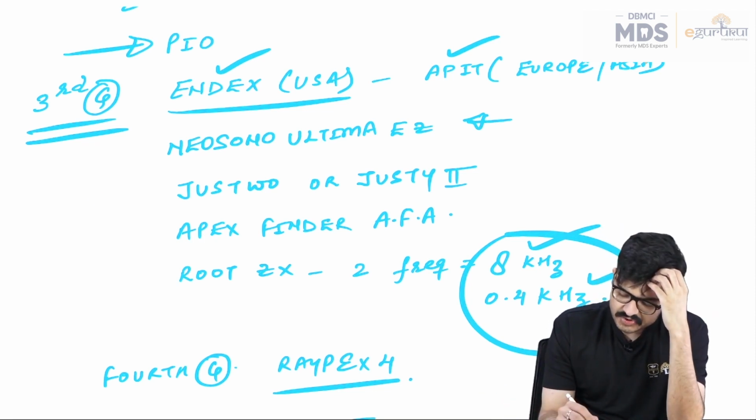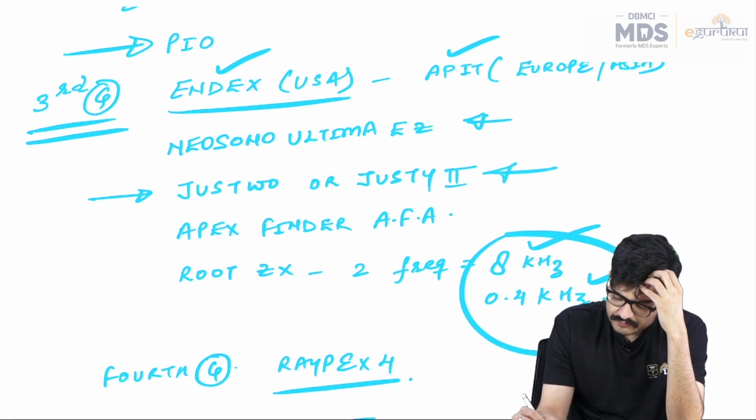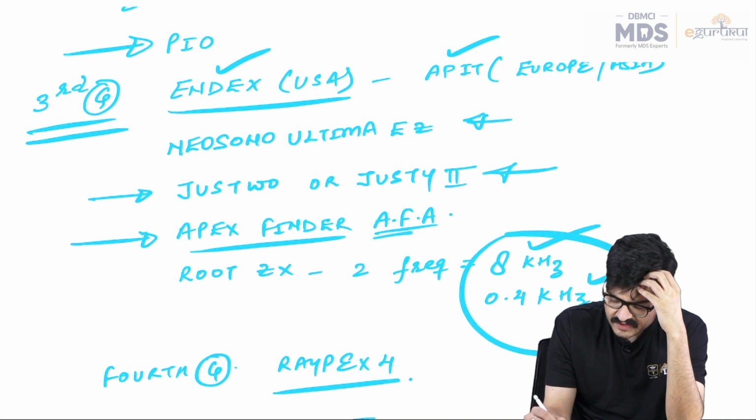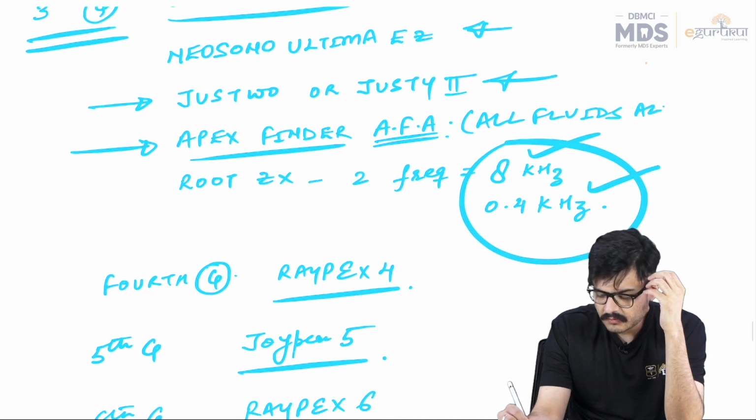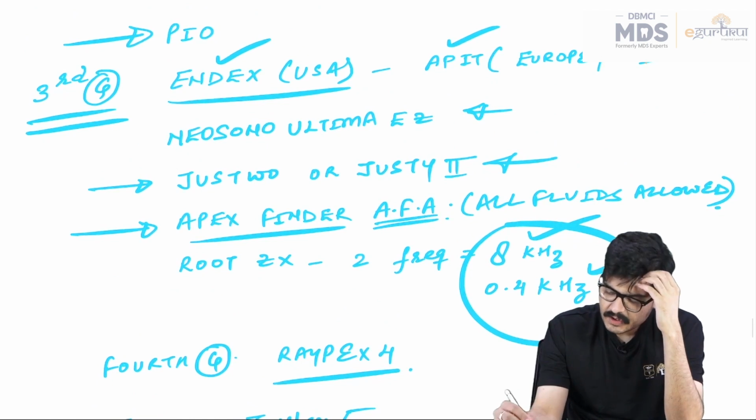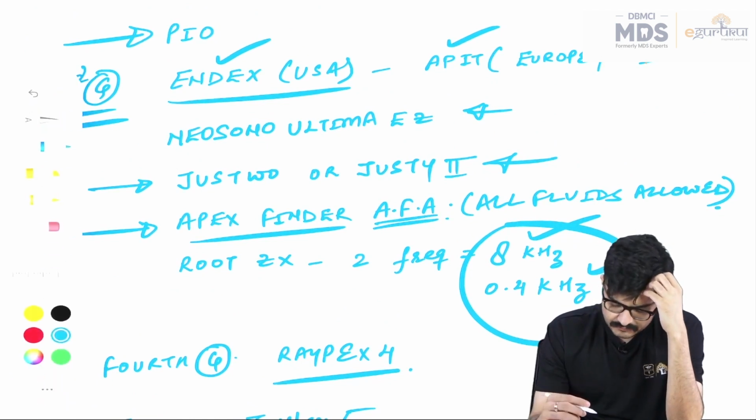Then you have Just 2 or Justy 2. Then you have Apex Finder AFA. Apex Finder AFA stands for All Fluids Allowed. So these are some of the examples of third generation apex locators, friends.